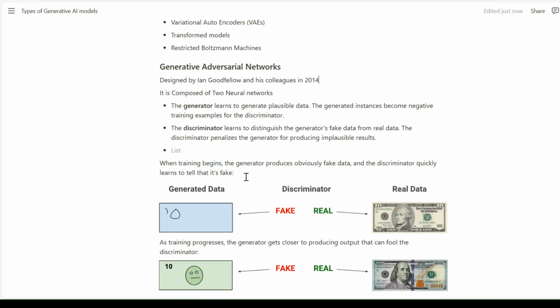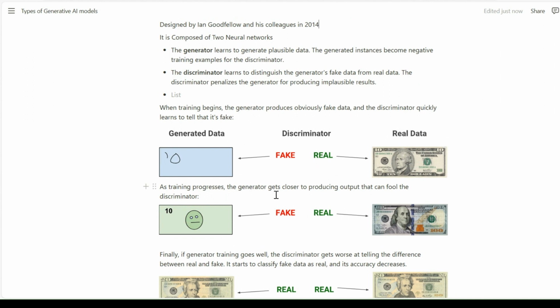In the initial process of training, the generator generates absolutely fake data. The discriminator is easily able to identify that it's fake data, flags it, and sends that feedback to the generator. Then the generator learns from that and tries to generate another random input closer to the real one, but again it tries.